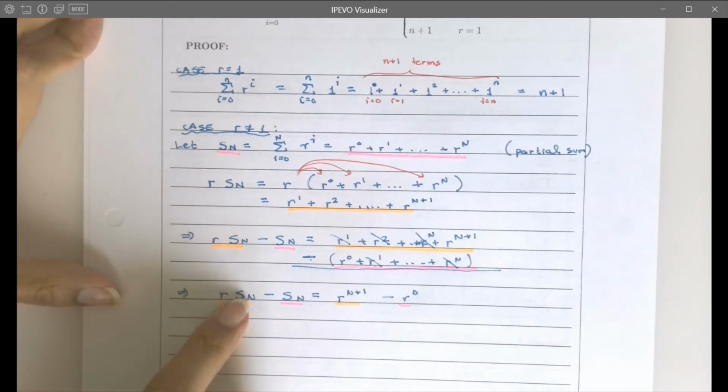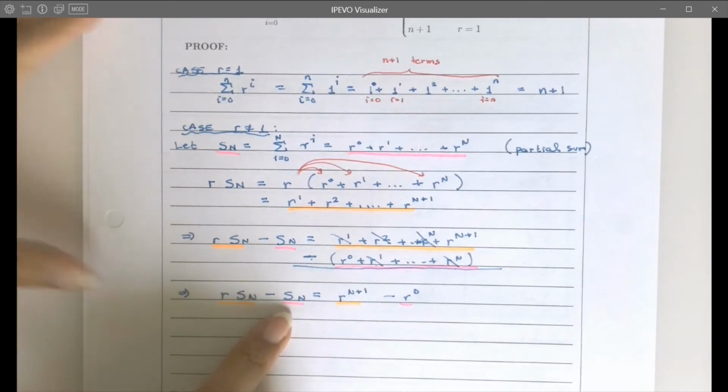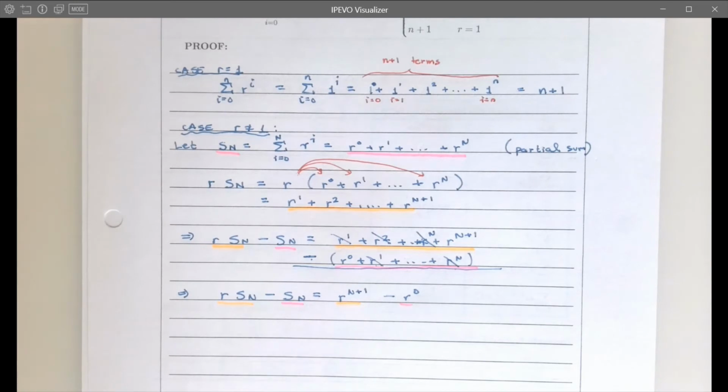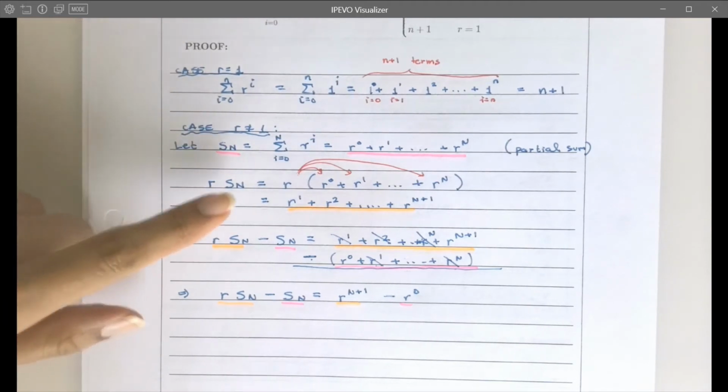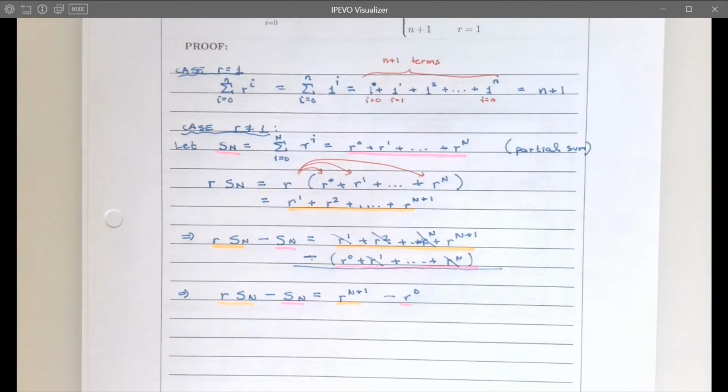Okay, and now since Sn potentially is a number, where we just don't know which one because r doesn't have a value yet, if we were to give r some value other than 1, Sn would evaluate to something.